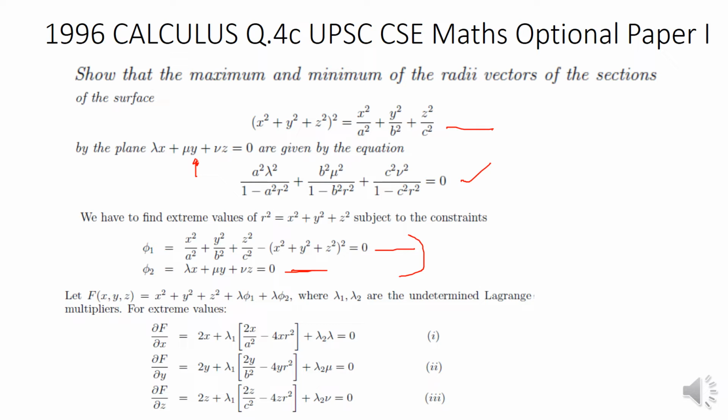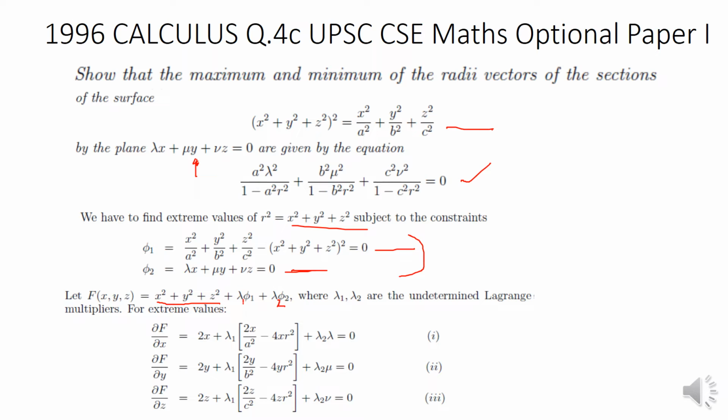The method of undetermined Lagrange multipliers is for constraint problems. We will be doing it by another method also, which is the same, but the procedure is a little bit different. So del f upon del x, we differentiate. F is the function r square, that is x square plus y square plus z square, plus lambda 1 phi 1 and lambda 2 phi 2.